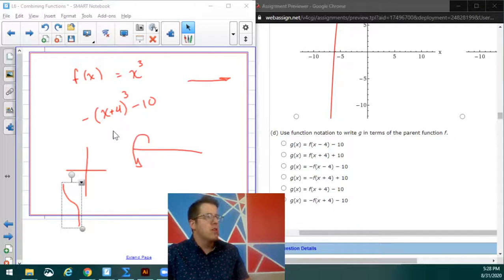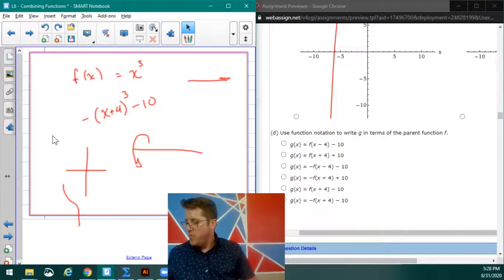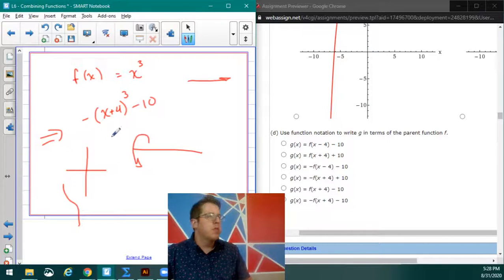And it actually should look exactly like this, except instead of being x cubed, it should just be f of x. So we're looking for the opposite of f of x plus 4 minus 10, which is this one right here.